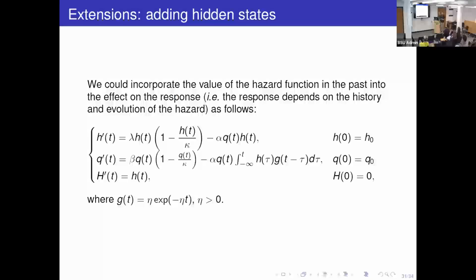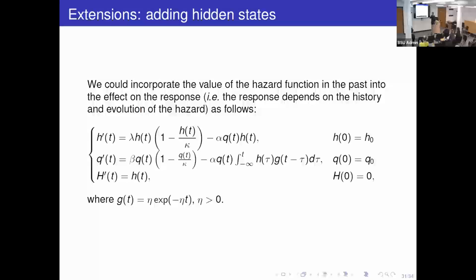Okay, so now what can we gain by adding additional states? Another popular model in the modeling of population growth or competitive species is the use of ODEs with a lag term.